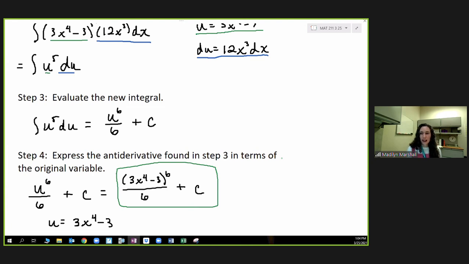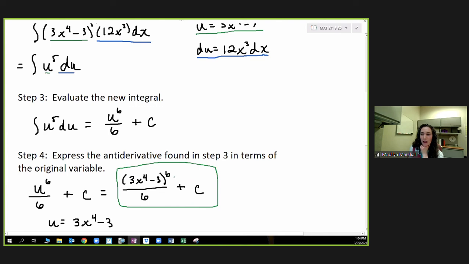So this answer we got in step 4, that's similar to that very first example from 5.2 where we did the chain rule first and then went back to the integral. So we have this thing on the inside with an exponent. And so if we were to take the derivative, we would do the exterior by multiplying that 6 down and lowering the power by 1.